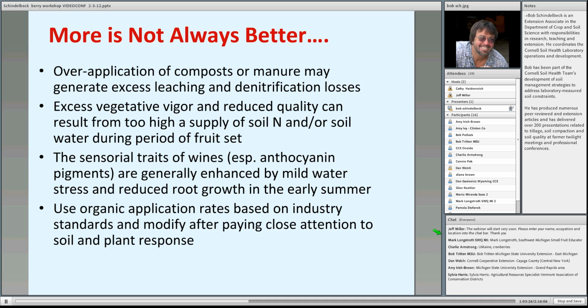If I can move down to the last bullet point, to kind of start from what I'm calling an industry standard. We don't want to go overboard with these application strategies. But we want to start from a safe place and then modify from there as our crops and our field and our material requires.